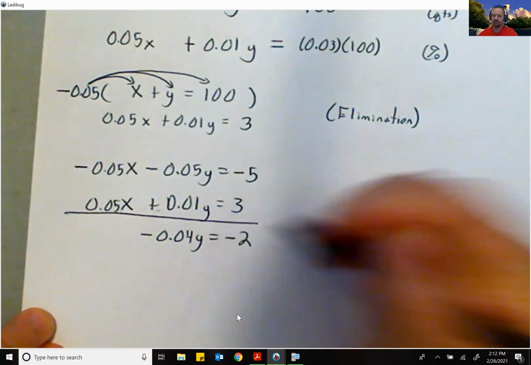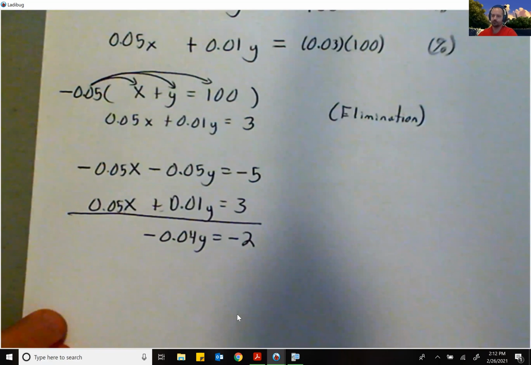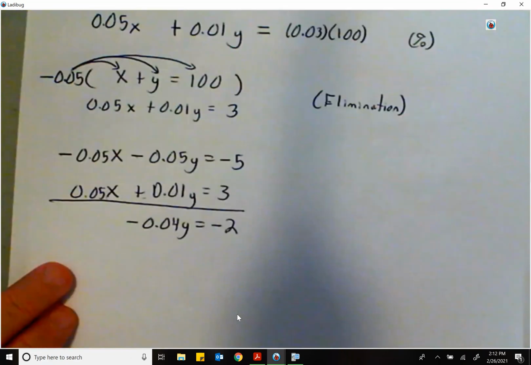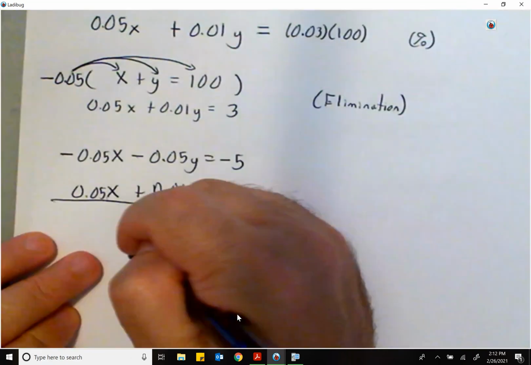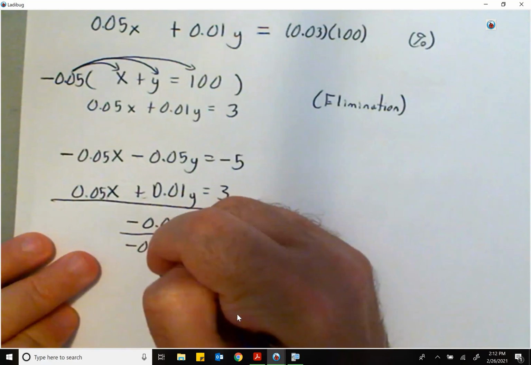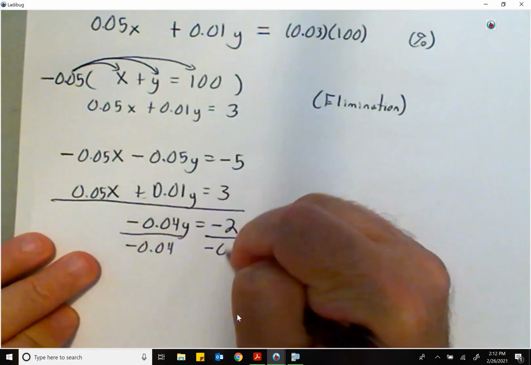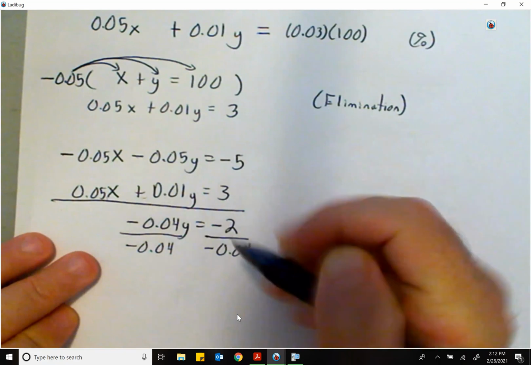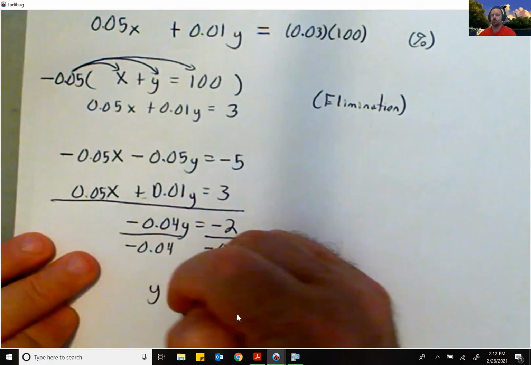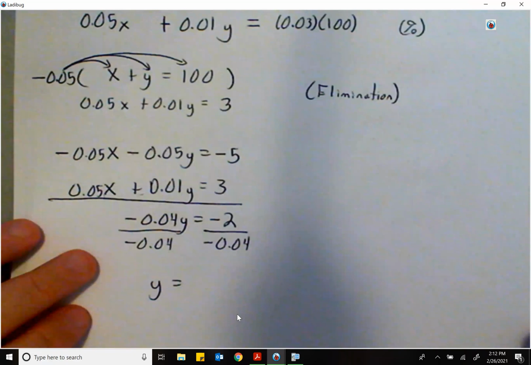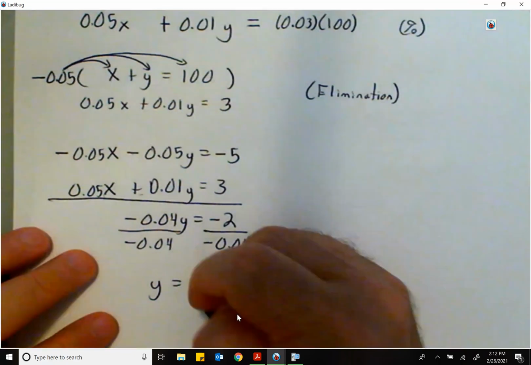How do I get y by itself? Divide by negative 0.04. So y is equal to what? 50. 50? Yes. Okay.